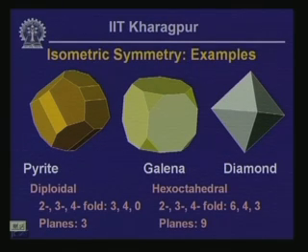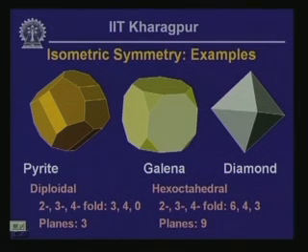Now, galena and diamond, on the other hand, are of the hexoctahedral subcategory of the isometric type of crystal, and they have 6 2-fold axes, 4 3-fold axes, and 3 4-fold axes.